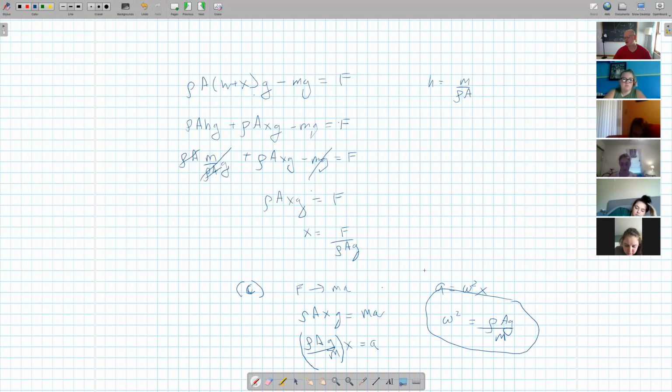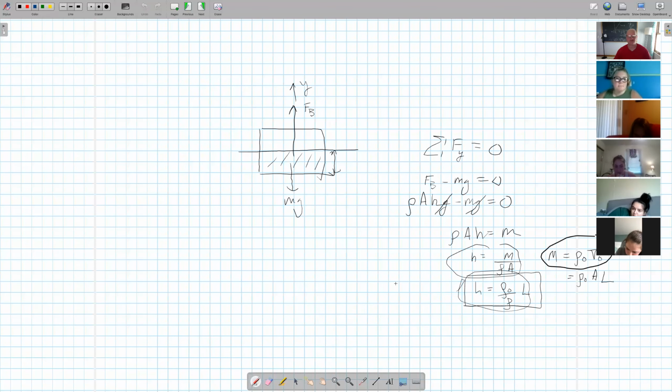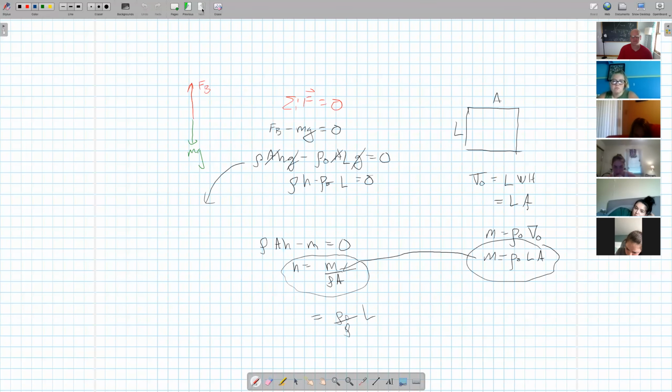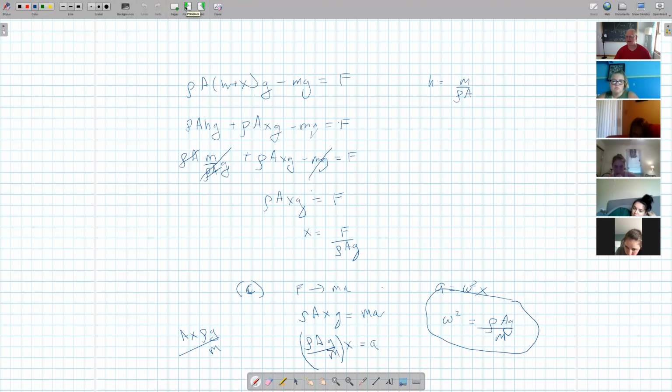If I want to write this as X rho A G over M, all that's the same thing. I'm just trying to get the X away so I can identify that omega squared. That's the only reason I'm doing it.